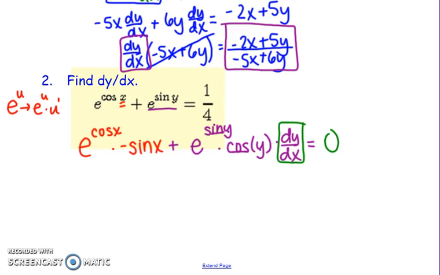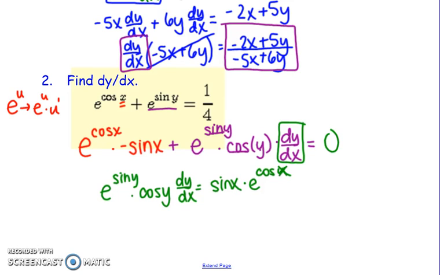So I'm going to move the negative sine x, e to the cosine x to the other side. So that should be an x. Then I'm going to divide by e to the sine y cosine of y.